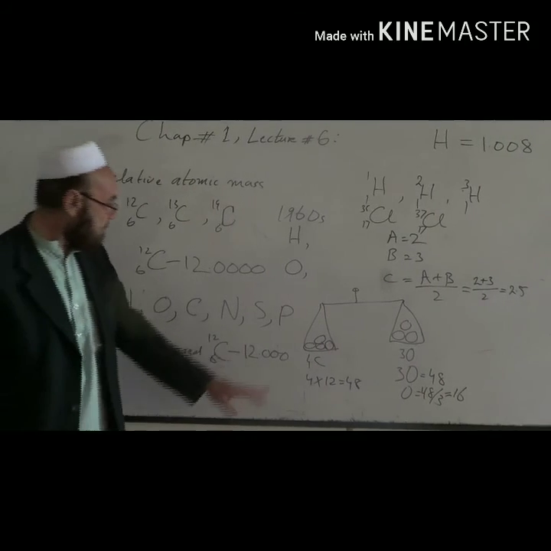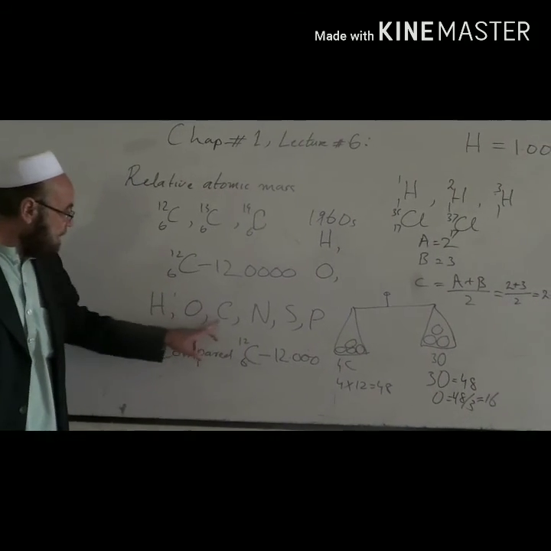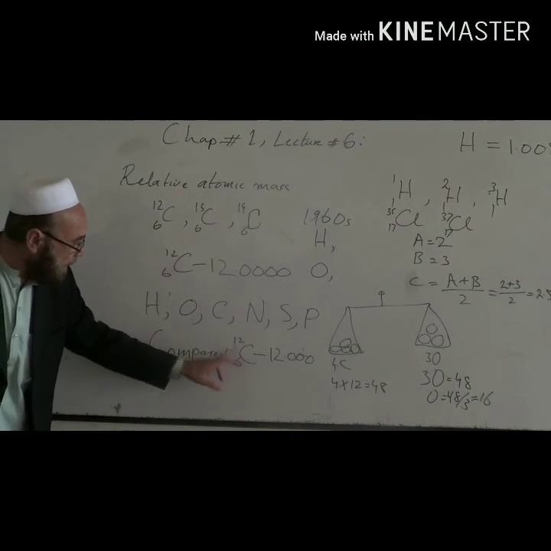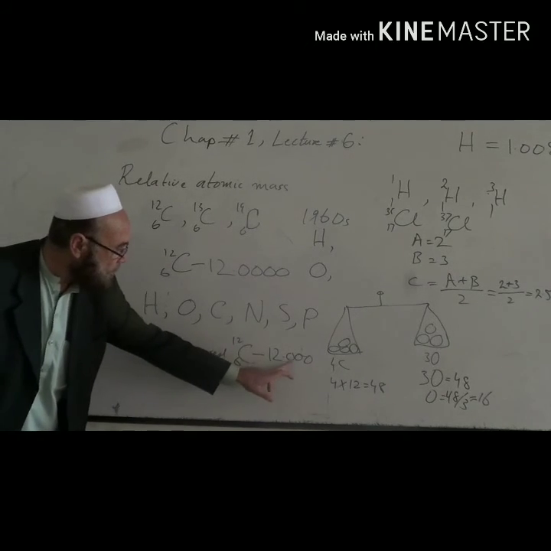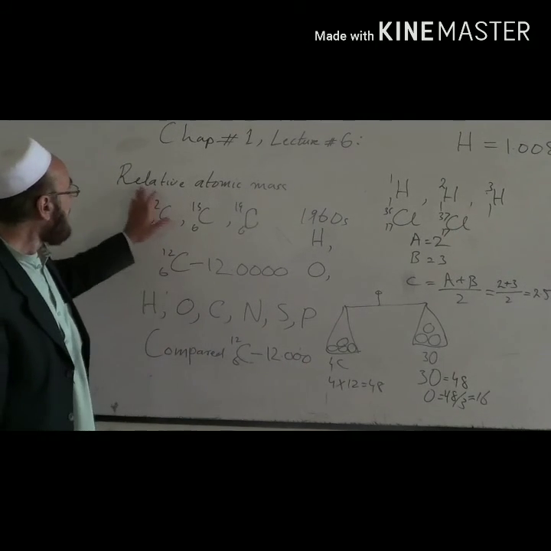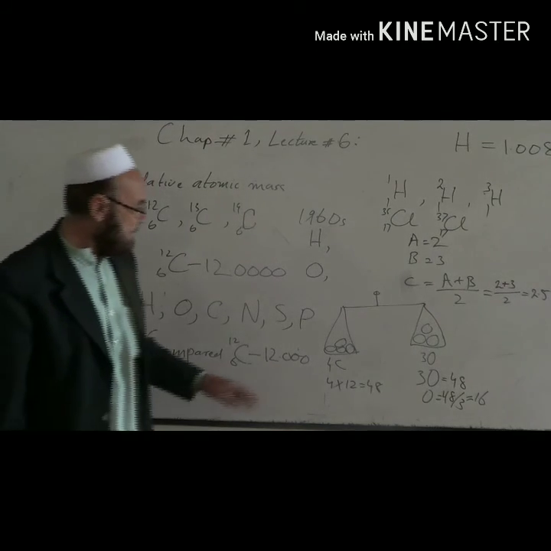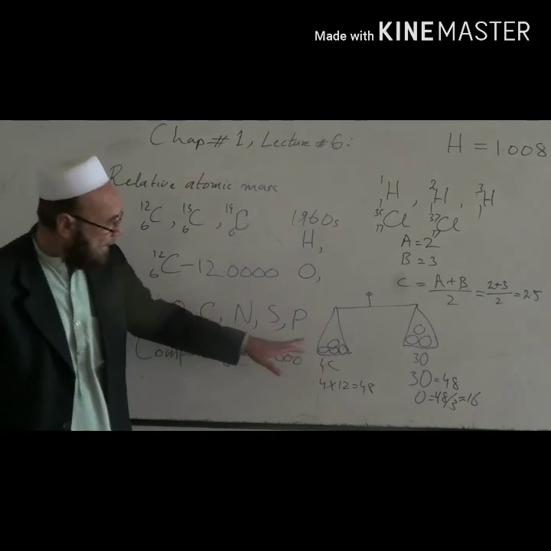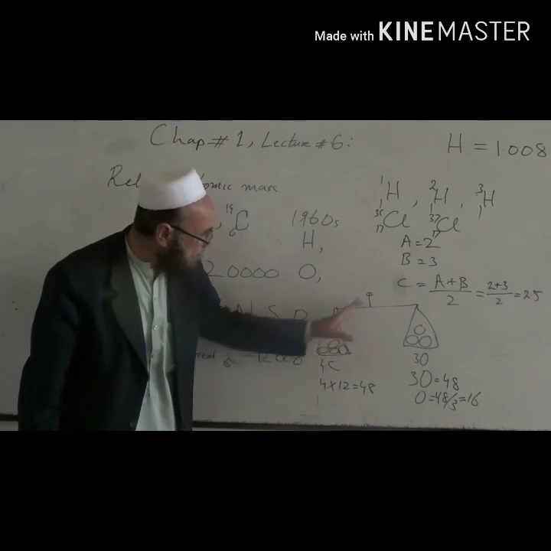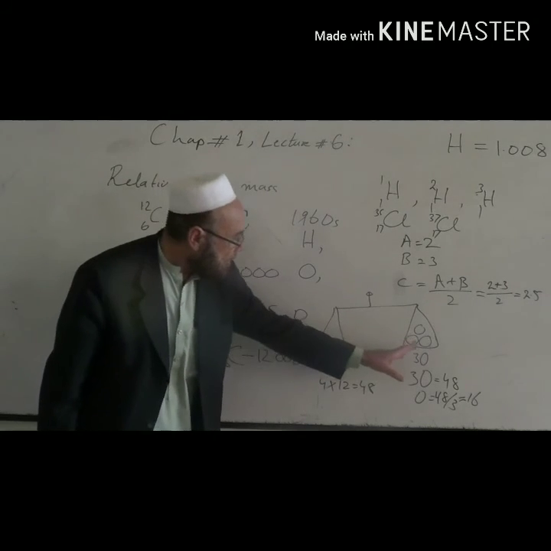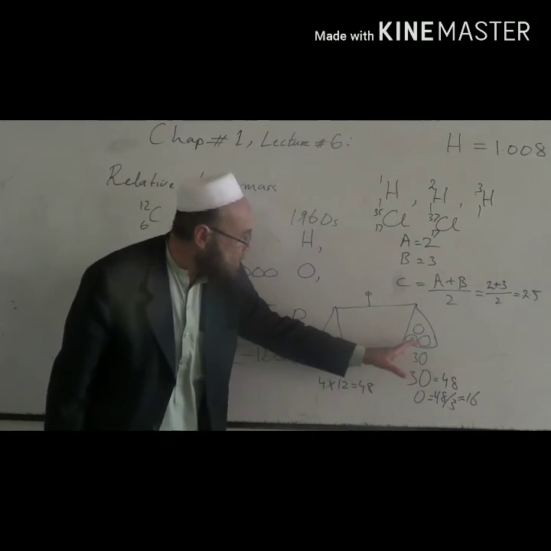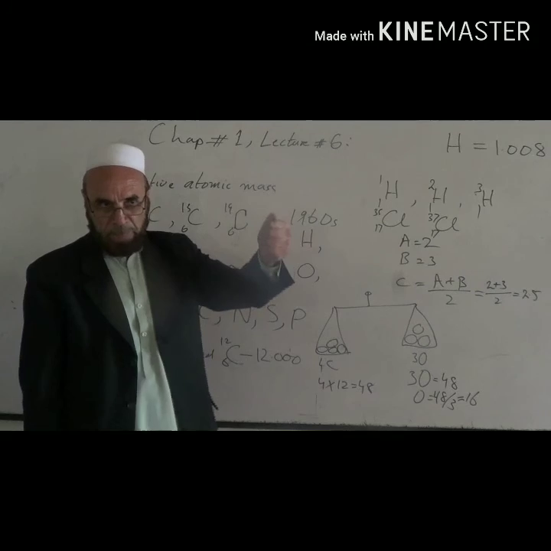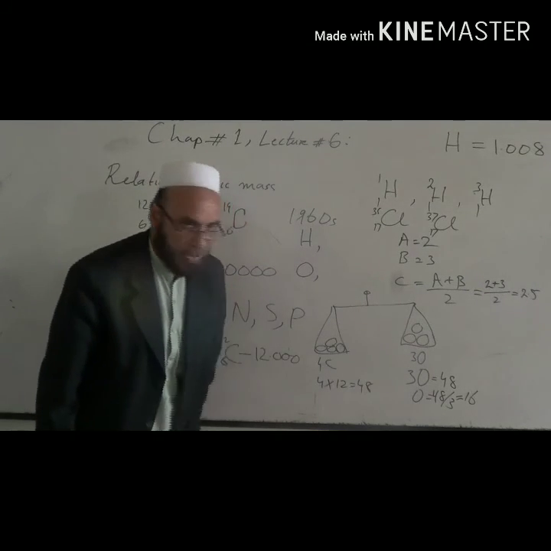Once more, the atomic mass of another atom compared to the atomic mass of carbon isotope 12, which is 12.000, is called relative atomic mass. Comparison means when we take 4 atoms of carbon and put them in the pan of a scale, and compare them to how many atoms of oxygen are required in the other pan, we see that when we weigh them, we get 3 atoms of oxygen.